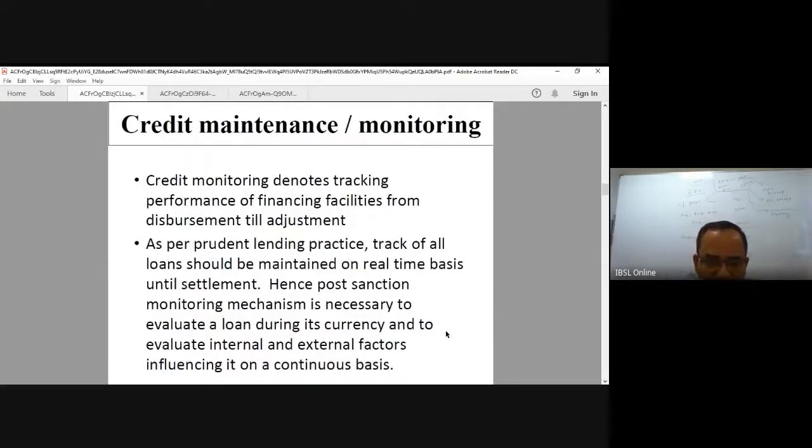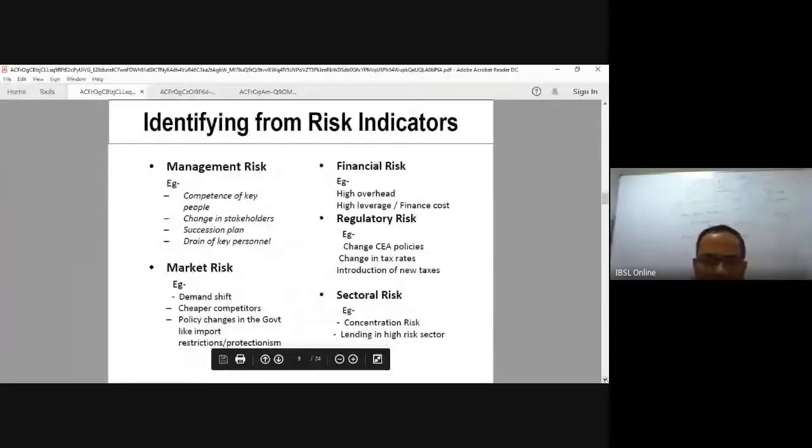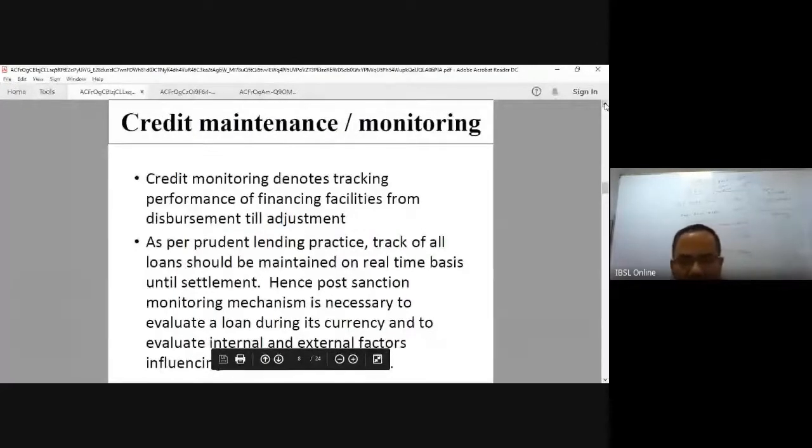So post-sanction monitoring mechanism is necessary, right? Post-sanction monitoring mechanism is necessary to evaluate a loan during its currency and to evaluate internal and external factors influencing it on a continuous basis, right?